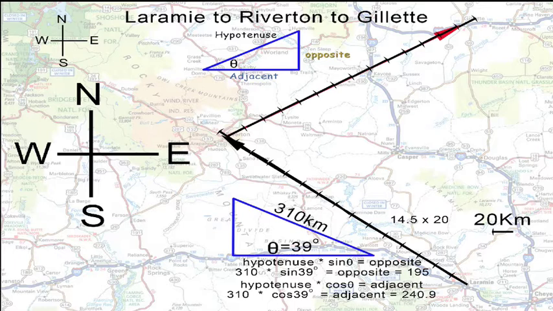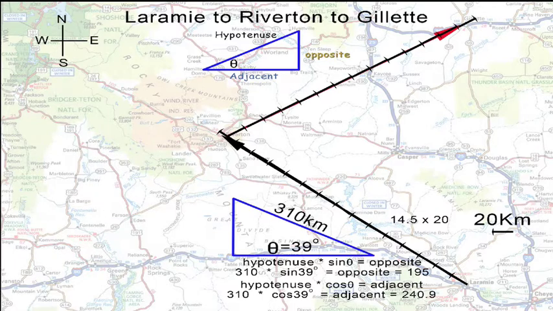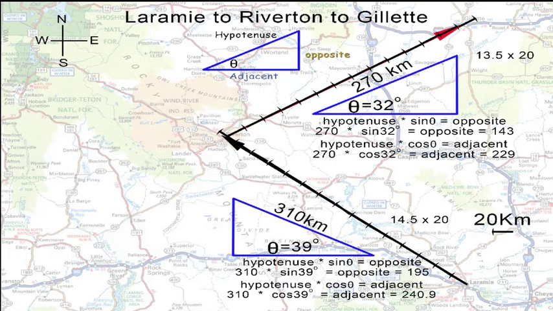I do want to take away the large compass rose and show you this triangle. So here's the Gillette triangle, 13 and a half times 20, 32 degrees. I used SOHCAHTOA to get the opposite side, which is the 143 positive. The 229 is this adjacent side.